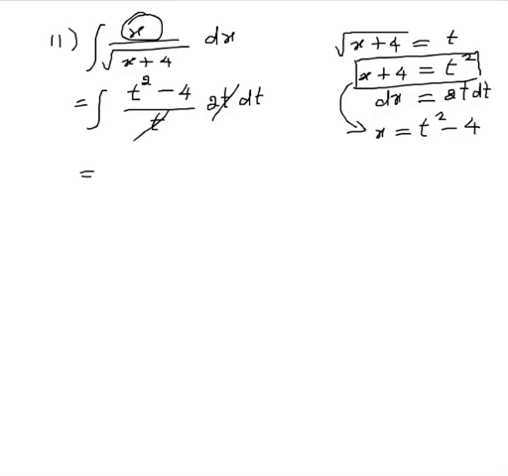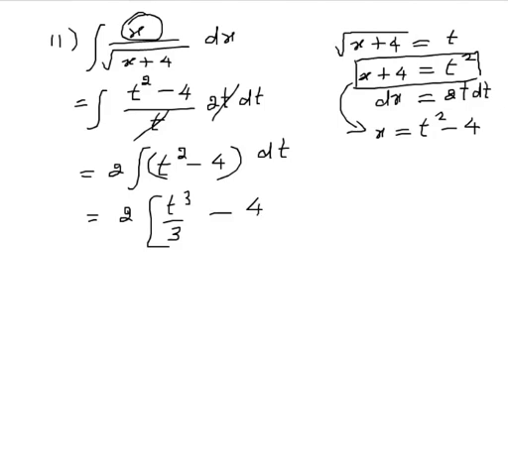Cancel these two t's. 2 is a constant which is in multiplication. We can pull it outside the integral. We have (t² − 4) dt. Let us integrate and write t³ by 3. And integral of a constant is 4t, plus c.